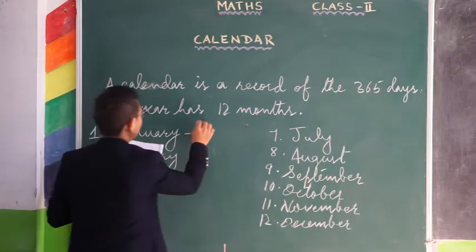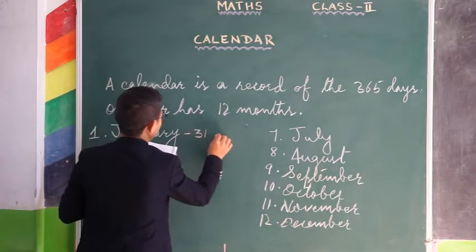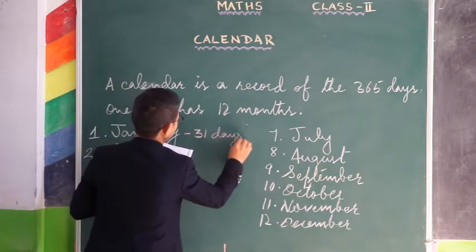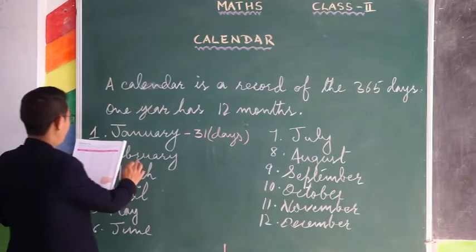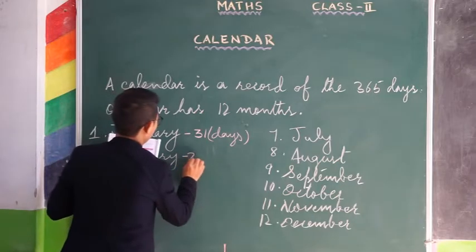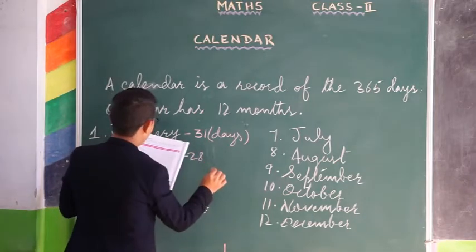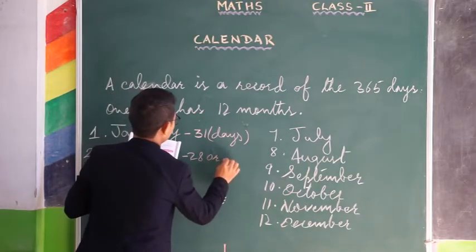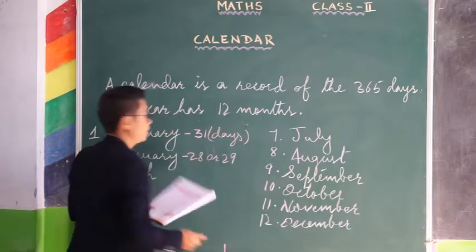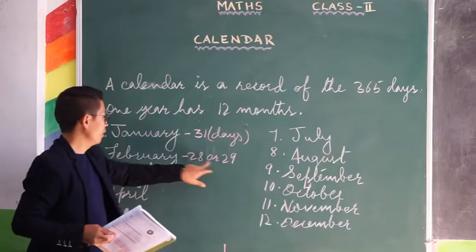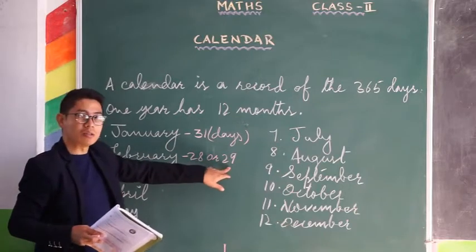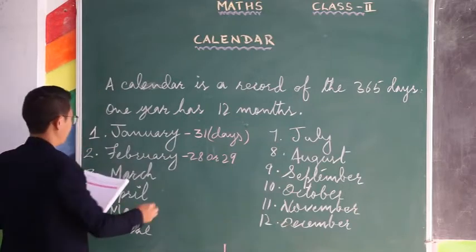So I'm writing here days, okay? Do not get confused. 31 days, alright? February has 28 or 29. I'll tell you why later, okay? February has 28 or 29 days.